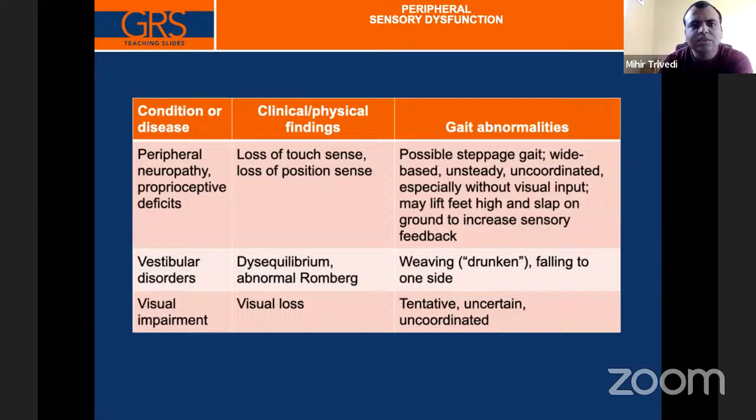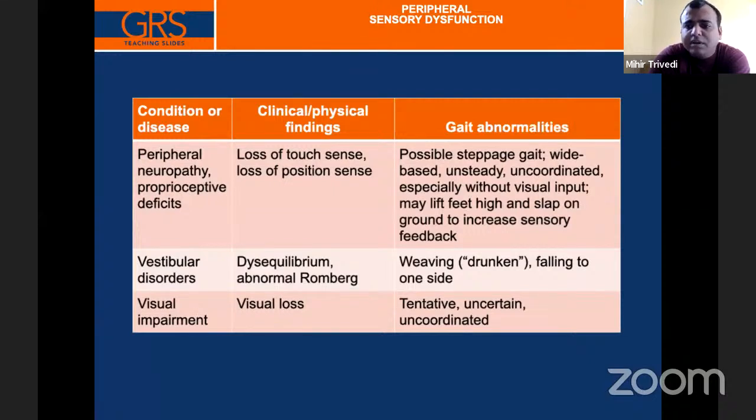Now let's look at those conditions, clinical findings and abnormalities. Peripheral neuropathy or proprioceptive deficits, usually loss of touch sense and loss of position sense, occur with a possible steppage gait, wide-based, unsteady, uncoordinated, especially without visual input.